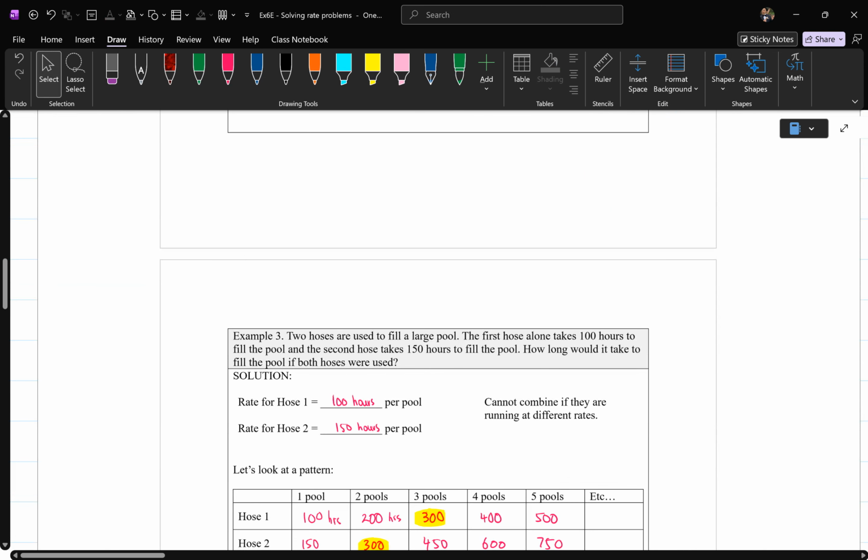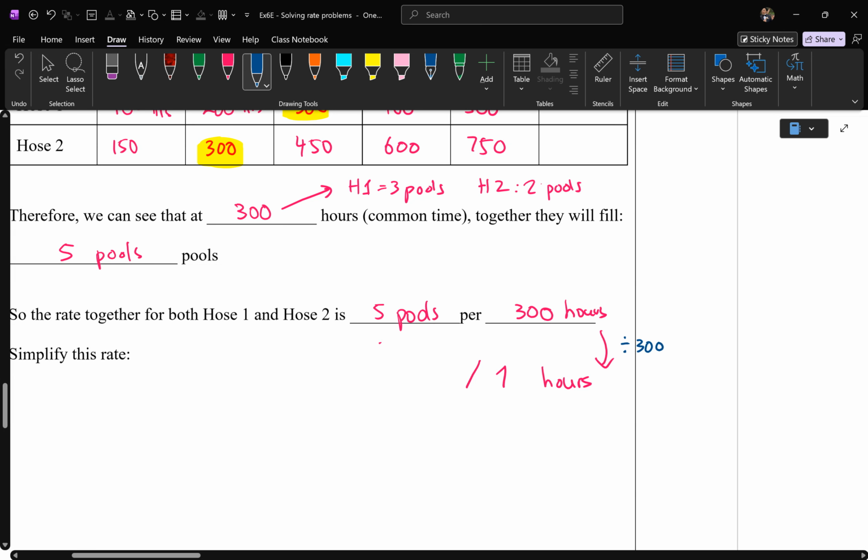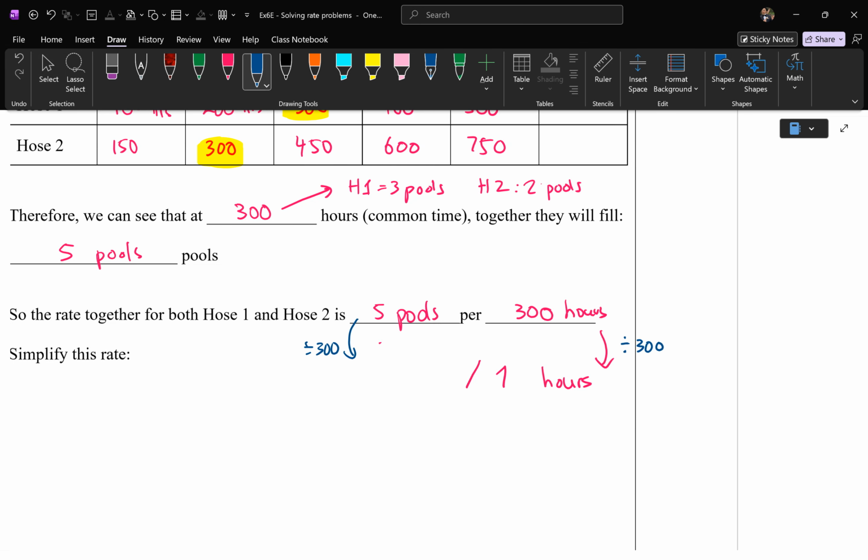So I would divide this by 300 on one side, and the other side, I'd also divide it by 300. So 5 divided by 300 is the same thing as writing 5 over 300 of a pool. That's how much it can fill with both hoses. It can fill 5 out of 300 of a pool.